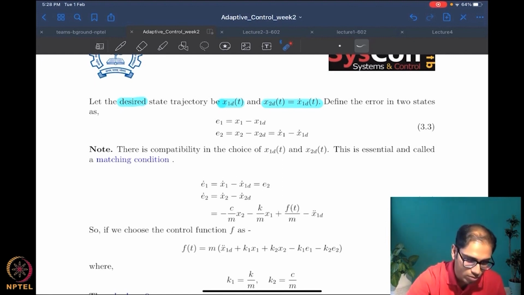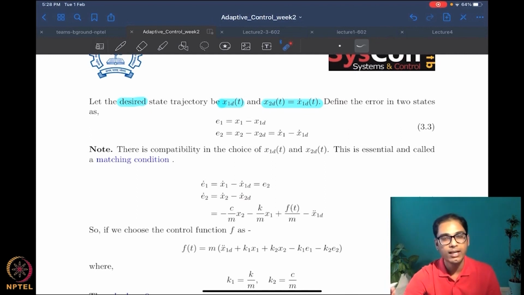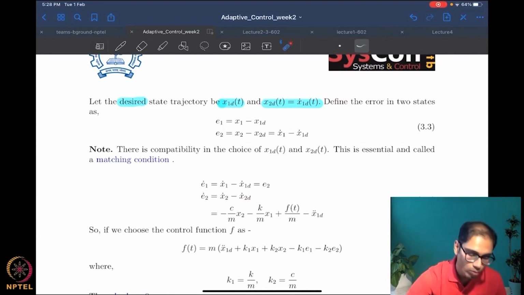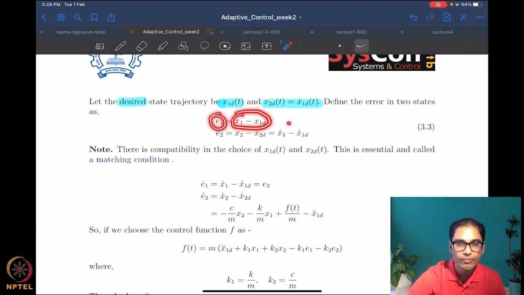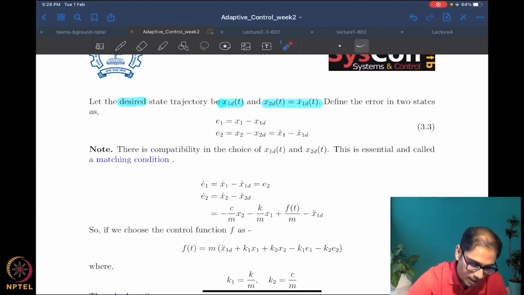I don't want to look at x1 going to x1 desired, because both are quantities that depend on time. So I construct an error which is the difference of x1 and x1 desired. This is very standard. And similarly an error E2, which is the difference of x2 and x2 desired.